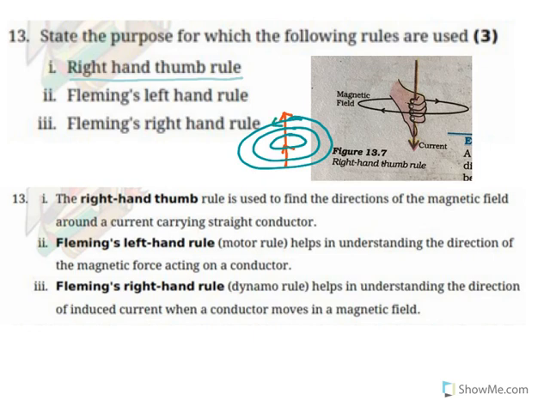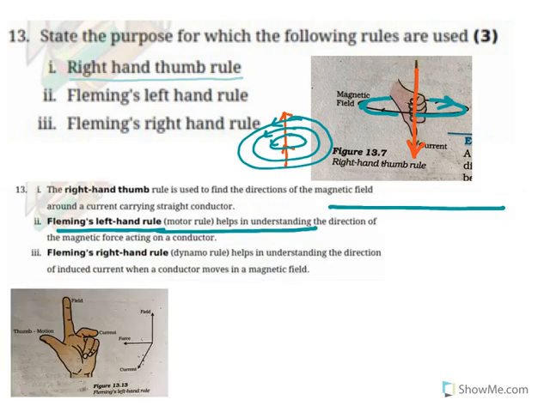In this case, you will find the magnetic field is in the anti-clockwise direction, but if the conductor current is in the downward direction, then you find the magnetic field lines will be in the clockwise direction. So the right hand thumb rule is used to find the direction of magnetic field around a current carrying straight conductor.